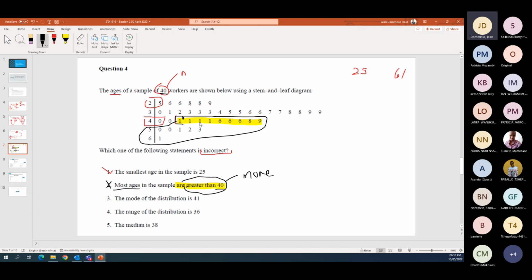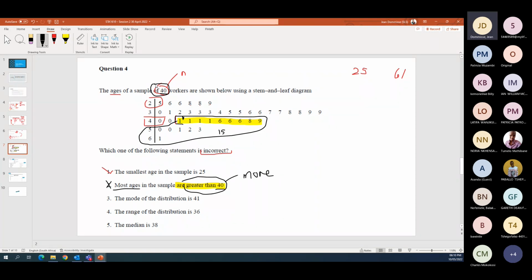So it's 1, 2, 3, 4, 5, 6, 7, 8, 9, 10, 11, 12, 13, 14, 15. So 15 numbers are more than 40. In the sample, they've told us the sample in totality is 40 workers.